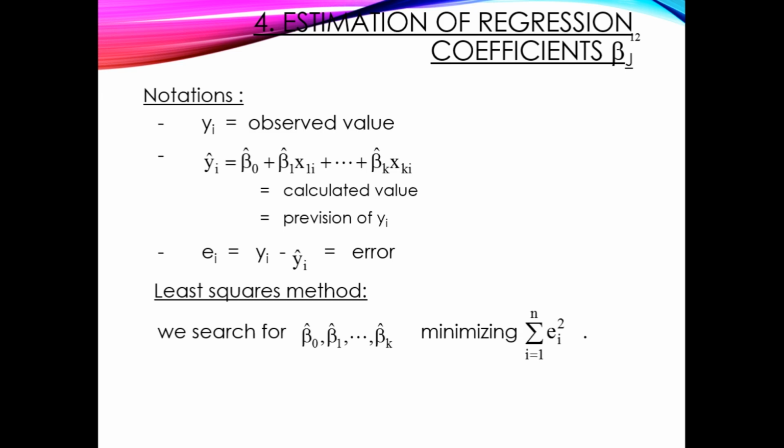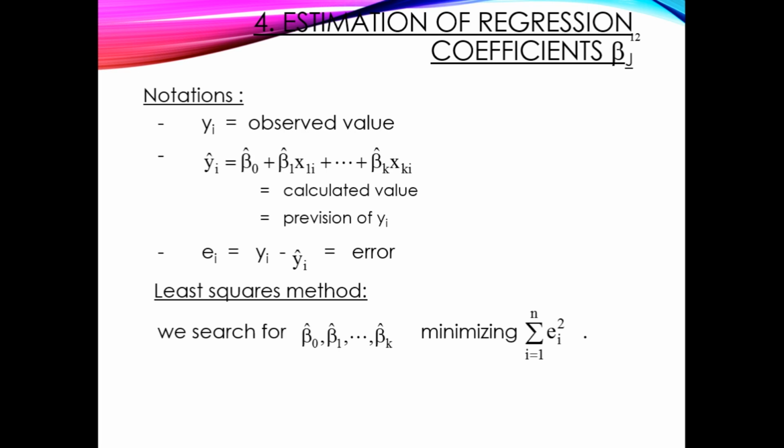So we minimize the difference between the observed value and the estimated value. That's the fundamental principle that we use to estimate our coefficients beta 0, beta 1 to beta k. We minimize the error term in order to find the beta 0 to beta k that are very interesting in our model. That's the least square principle.